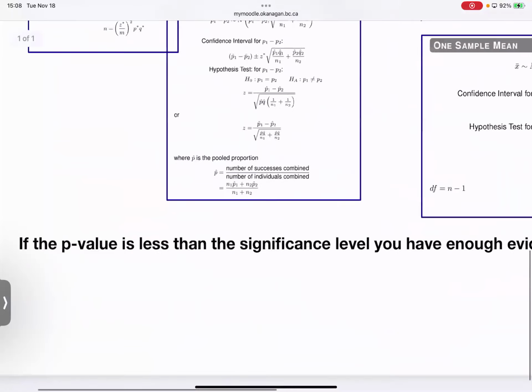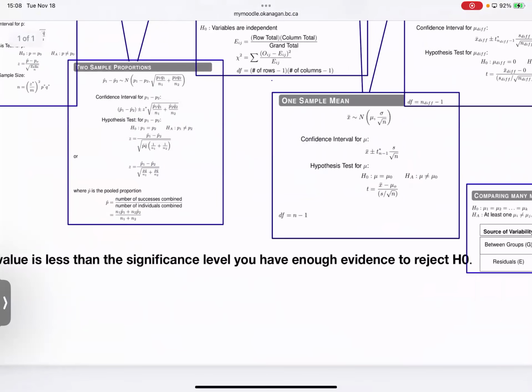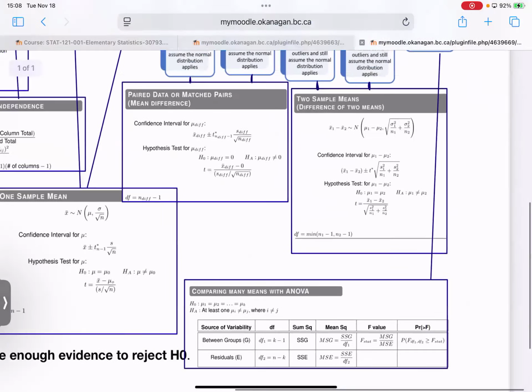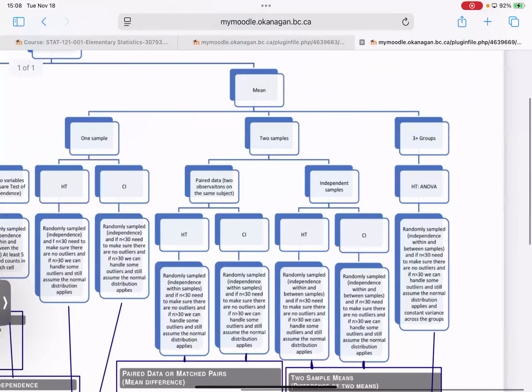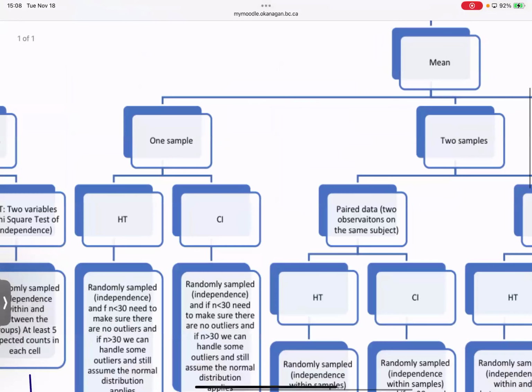With a reminder, if the p-value is less than the significance level, then you have enough evidence to reject H0. It just summarizes all of chapters 5, 6, and 7 on one page. For means questions, we could have one sample mean.